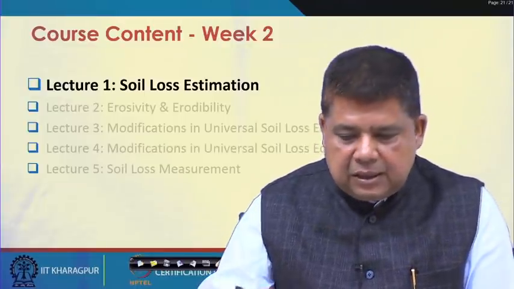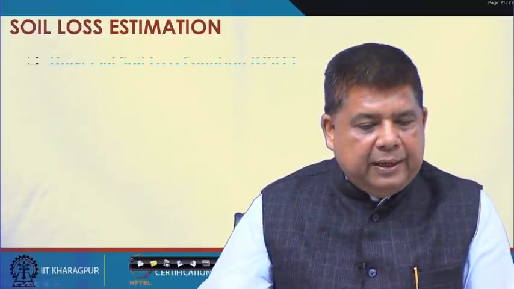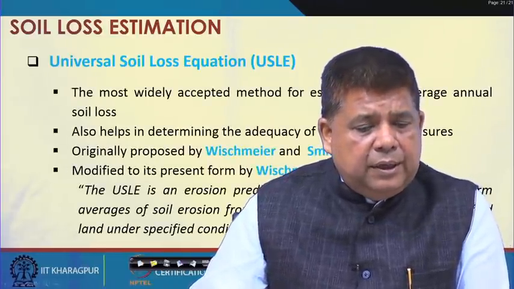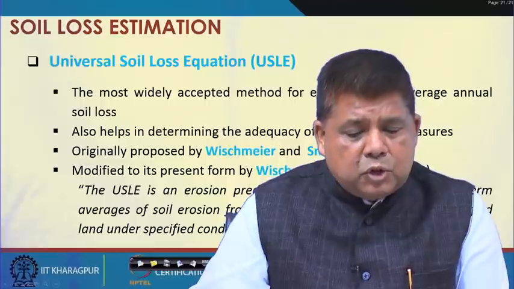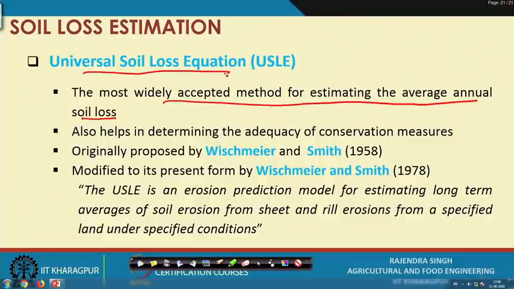So, we start today with soil loss estimation, and what we cover is the most widely accepted method for estimating the average annual soil loss, which is referred to as the universal soil loss equation, very popularly known as USLE.